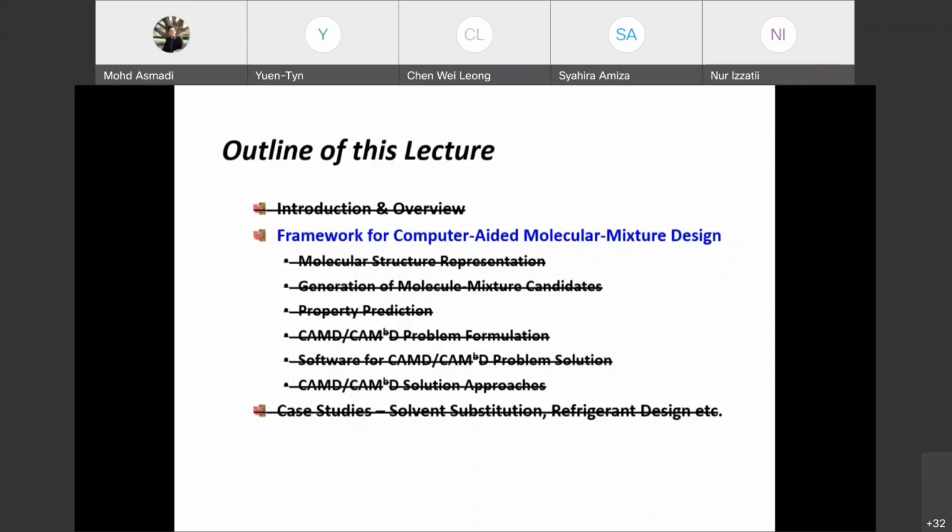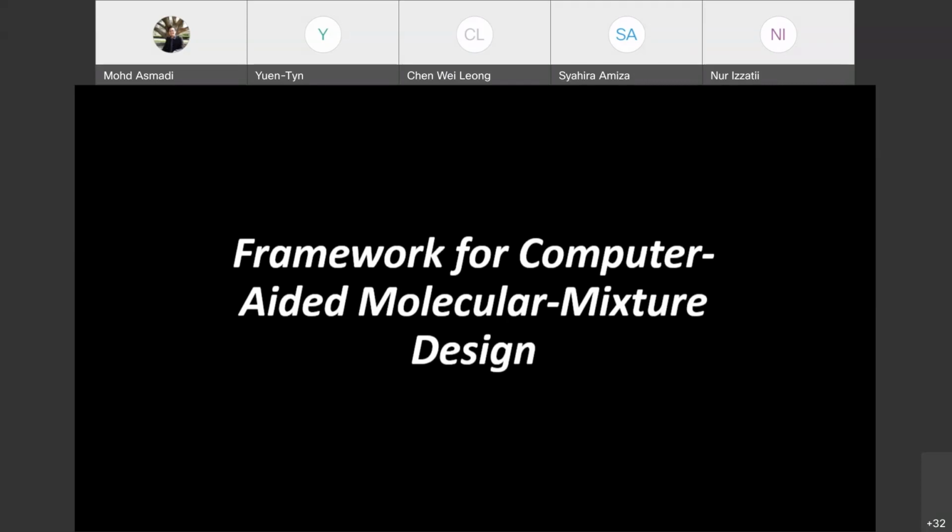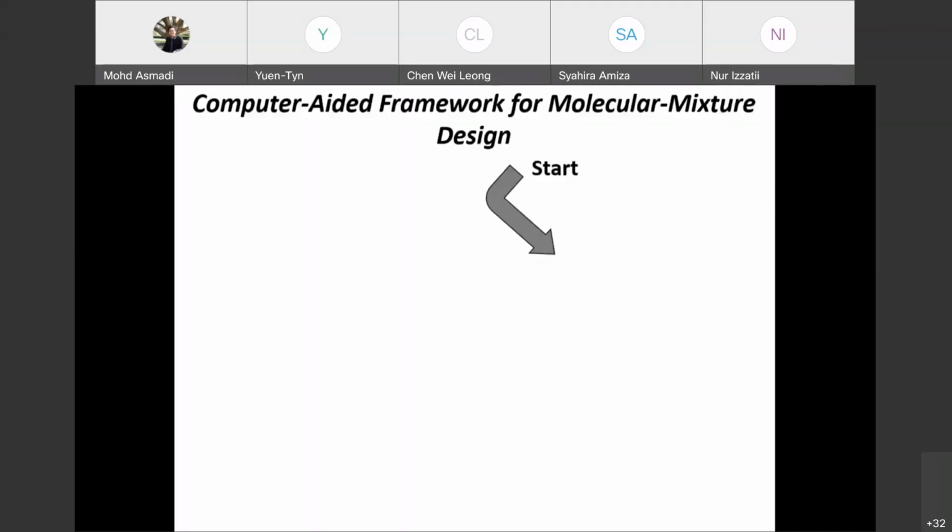This is the flow, or we call it the framework, for molecular and mixture design. Actually, for the computer-aided framework for molecular and mixture design, there are 5 hierarchical steps. The main framework is 5 hierarchical steps.